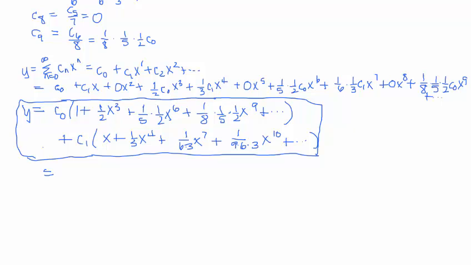Okay, so we might see that we can rewrite these series, particularly the second one actually, in sigma notation pretty easily. So I'm going to leave the first one as is for right now.